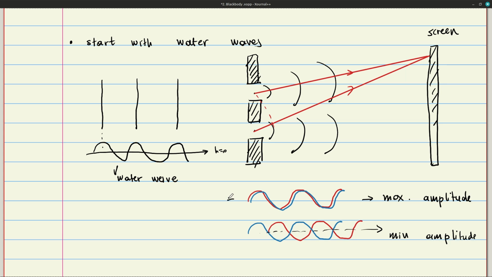We call this one constructive interference, and this one is destructive. And you can see every point is going to have a different shift between these two waves.